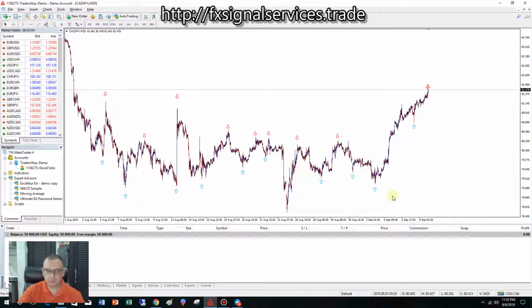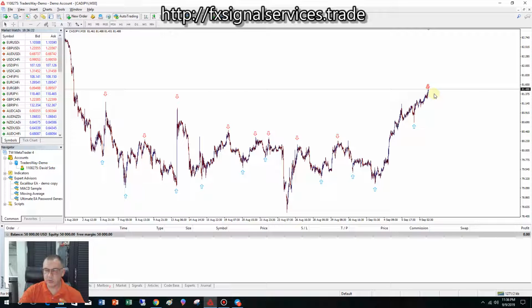So the signal for today is for CADJPY, Canadian dollar, Japanese yen, and what I have here is a signal to sell, okay? It has been going up all day long. We had two blue arrows, and actually this has been going for the past week, but now it's hit a pretty strong level of resistance, right?